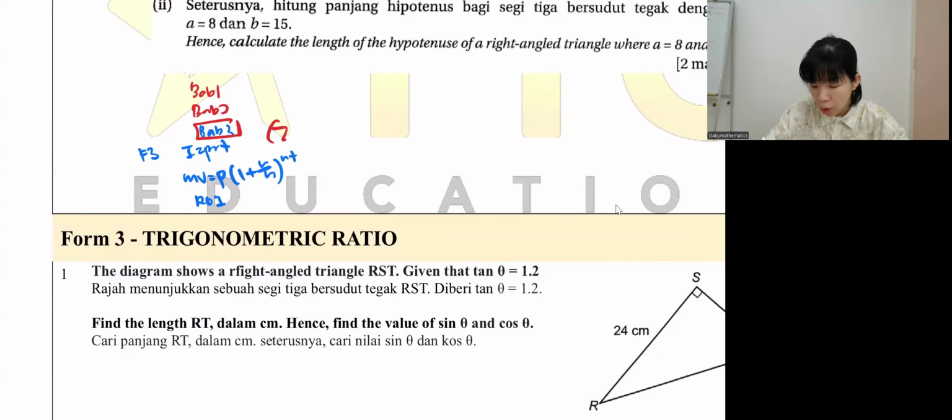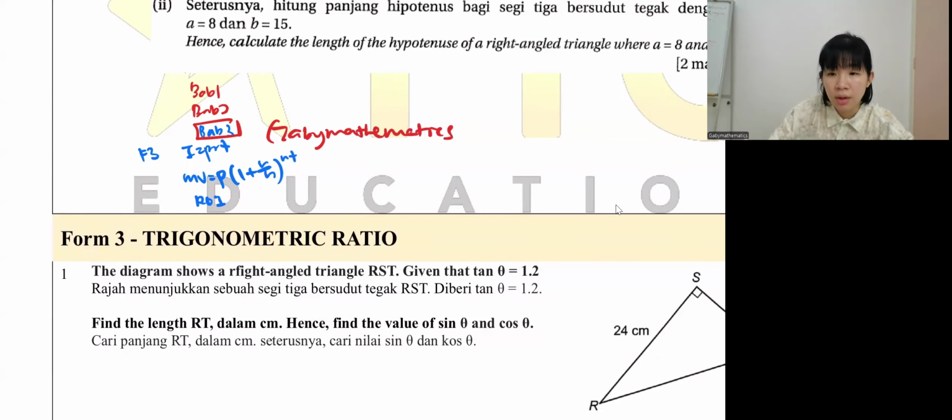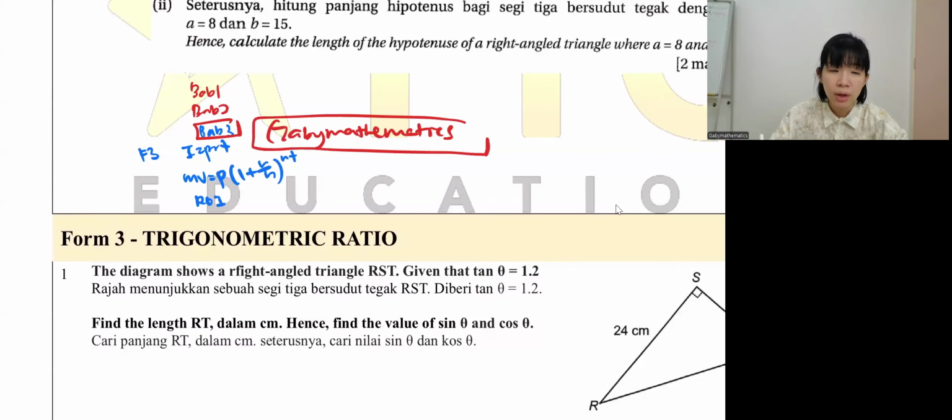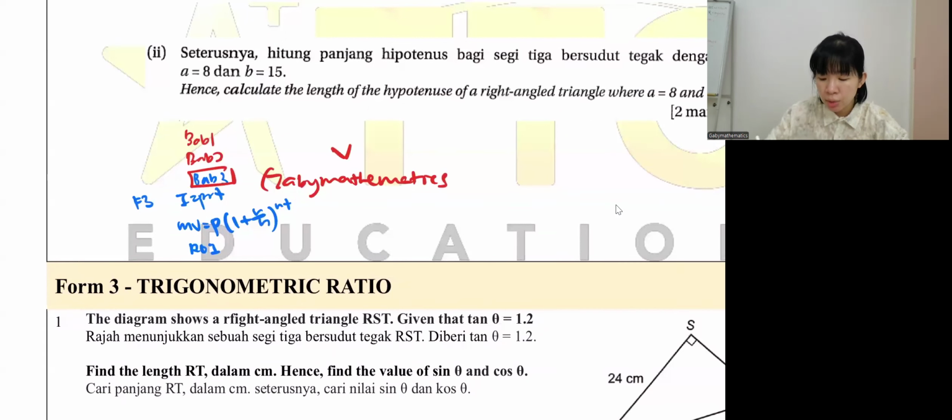It's already on the Gaby Mathematics YouTube channel. So if you forgot everything in Form 3, bab 3, then you better go search for the video. Look for Form 3 seminar, Form 3 revision. That one is all about chapter 1, chapter 2, and chapter 3.